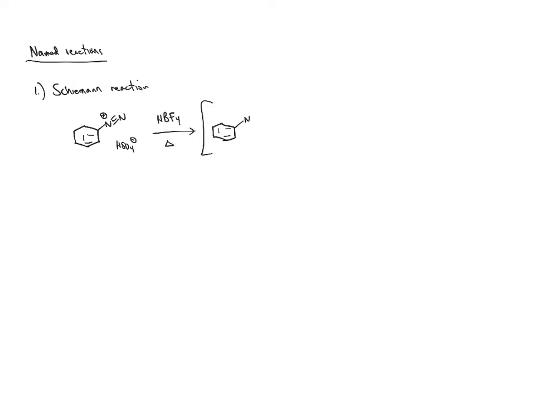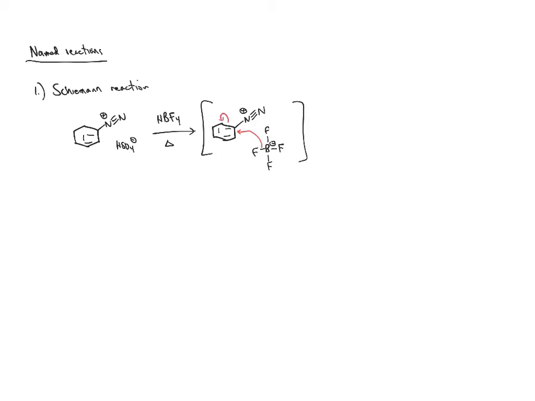And what happens here is that you're going to get a nucleophilic aromatic substitution mechanism. All right, so we've got this diazonium salt. Our tetrafluoroboric acid is going to look like this. Right, we've got negative charge on boron. We're going to be able to add a fluorine to the benzene ring.